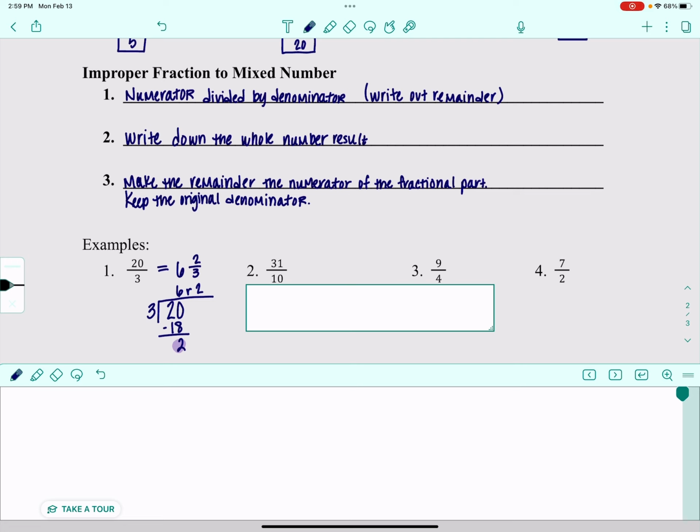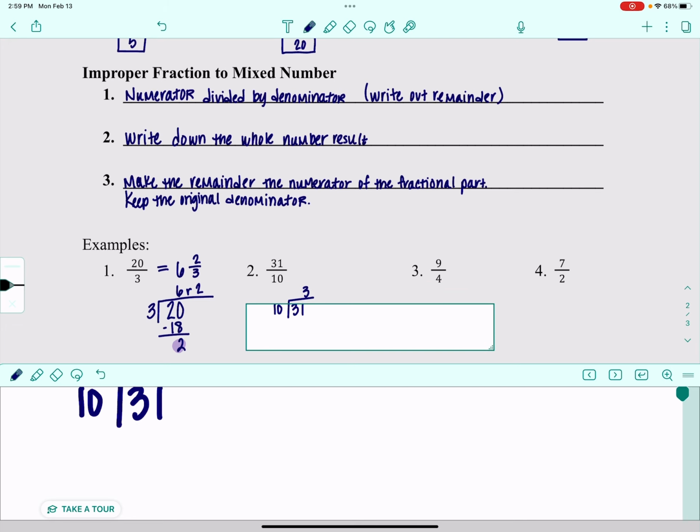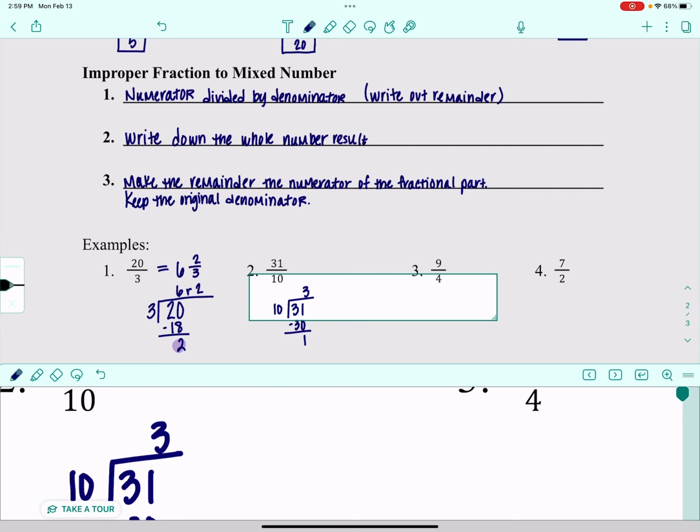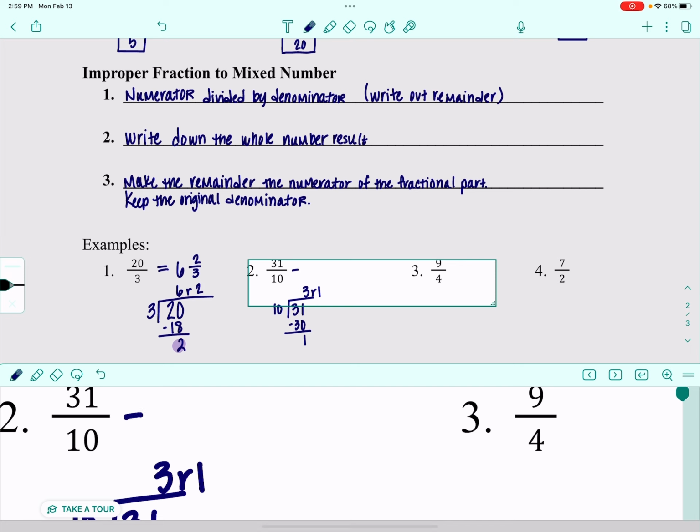So I'm going to go through the process again with 31 over 10. I want 31 divided by 10. Well, I know 10 times 3 is 30, and I have a remainder of 1. So I'm going to write down my whole number part. I'm going to make the remainder the numerator of the fraction, and I'm going to keep my original denominator.